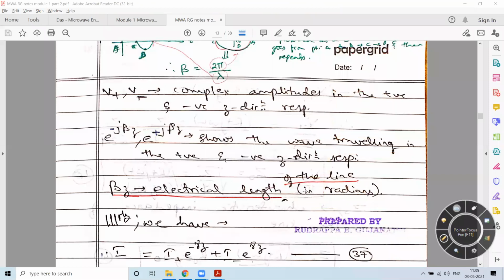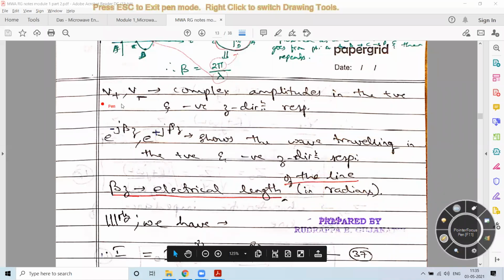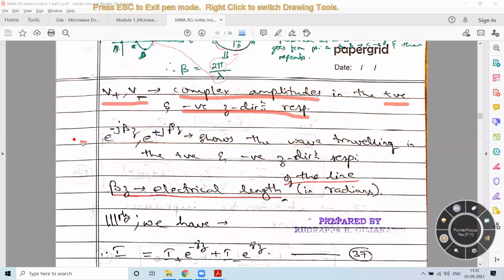That's why the representation differences are there. That is, V plus and V minus are the complex amplitudes in the positive and the negative z directions. Now these two exponentials represent the phase values of the waves traveling in the positive and negative z direction respectively.